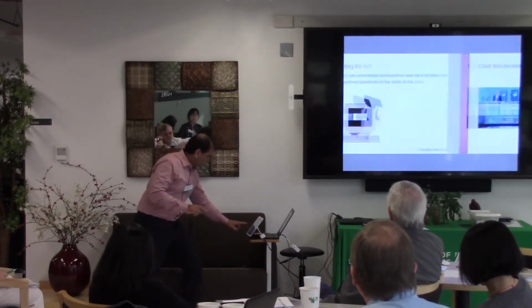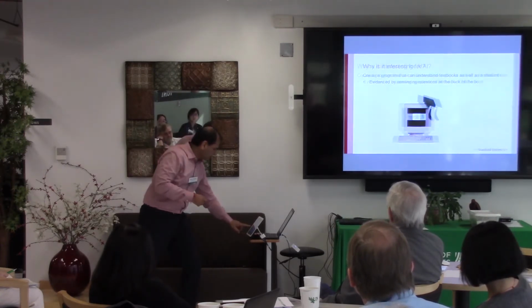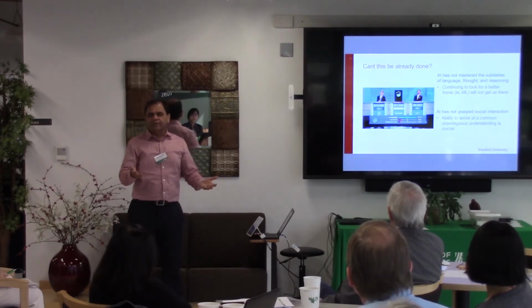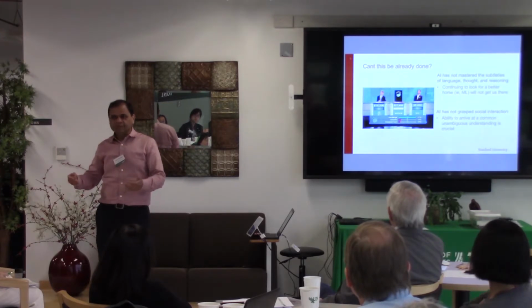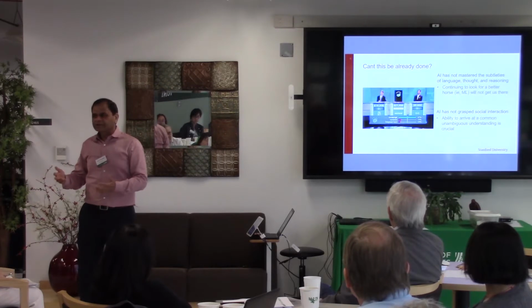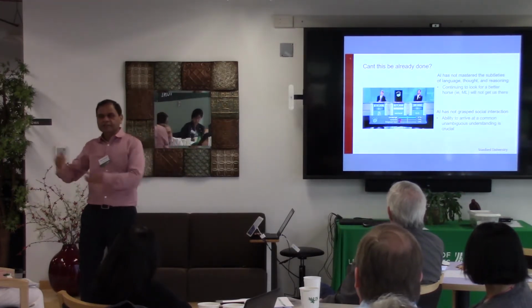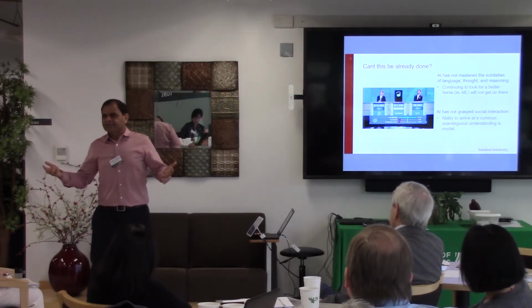The other thing you could say is, while this answers questions at the back of the book, what's new? This can already be done. We have Watson. Watson did Jeopardy, right? The fact is that the questions at the back of the book are not Jeopardy questions. The comparison questions, the relationship questions, computing arbitrary connections, that's not Jeopardy.